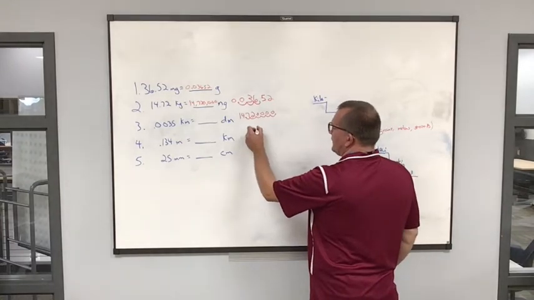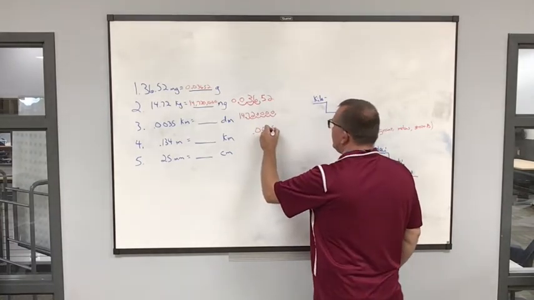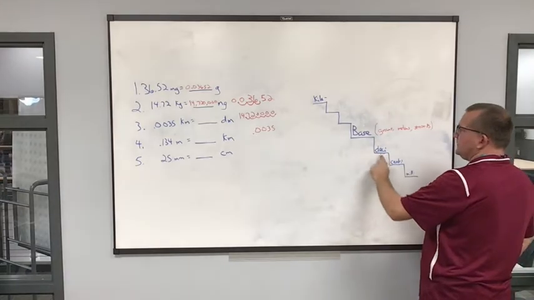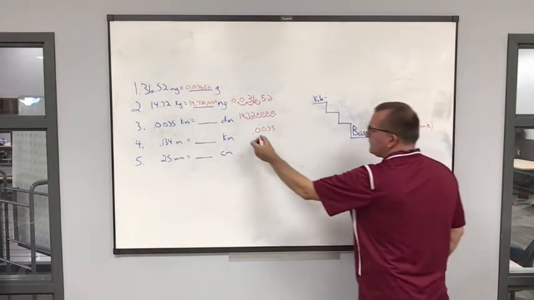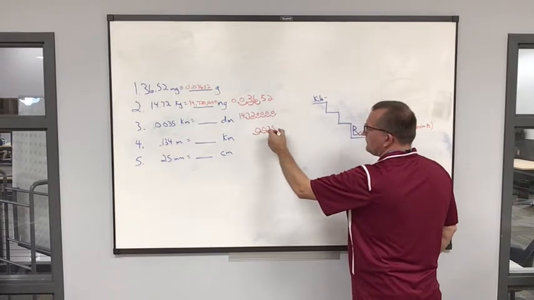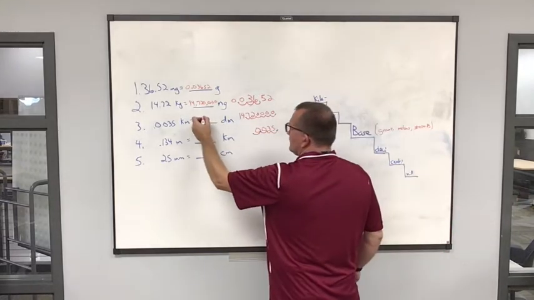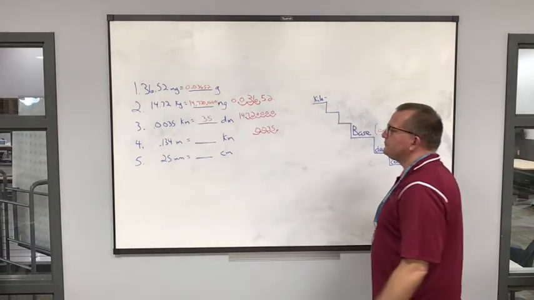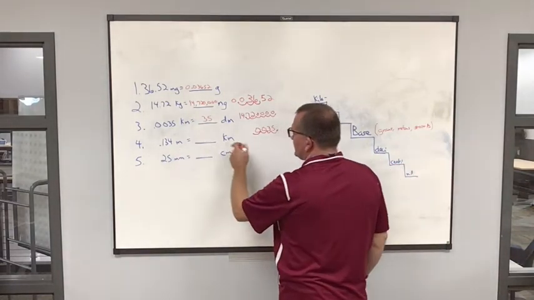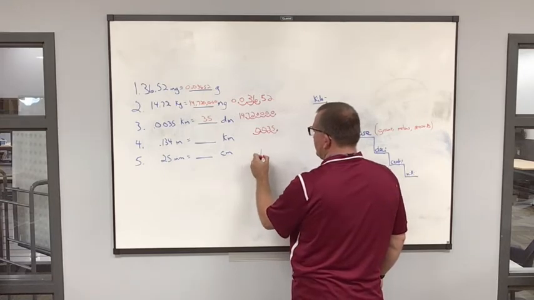Now let's say I go kilometers to decimeters. All right, so I start off here, and I go from kilo to deci. I go 1, 2, 3, 4 to the right. 1, 2, 3, 4 to the right. The answer's 35. Meters to kilometers. So now, let's say I don't have a prefix, right?